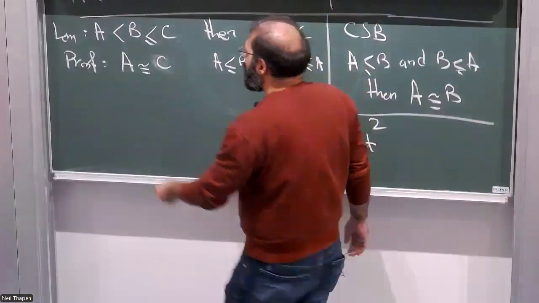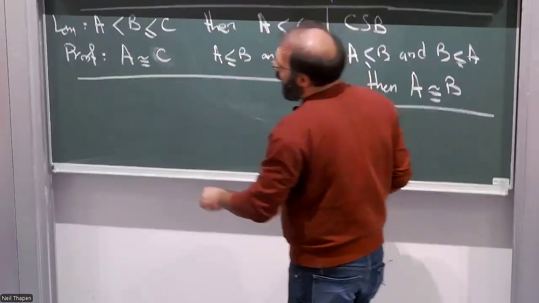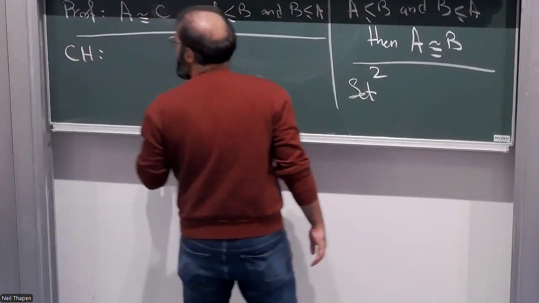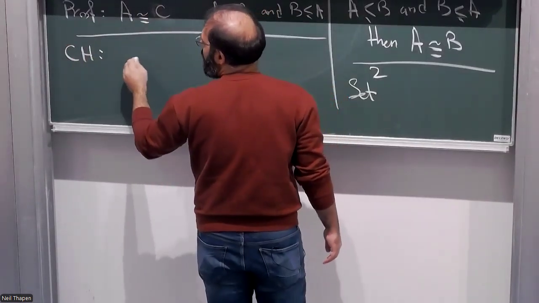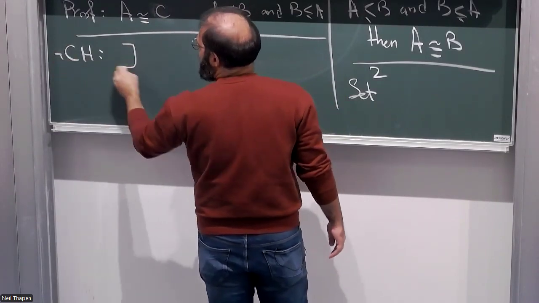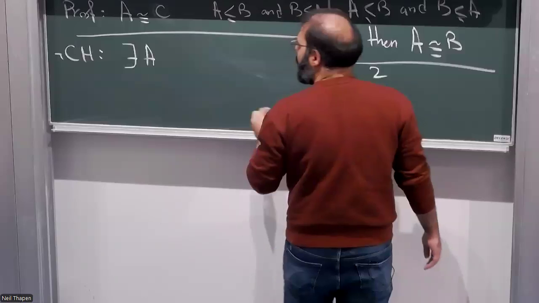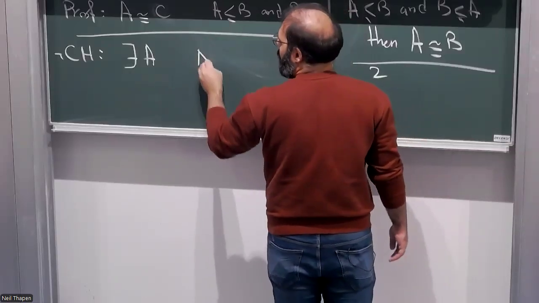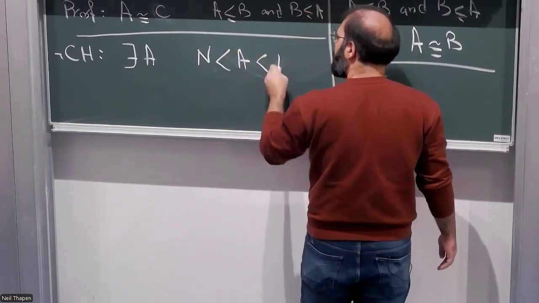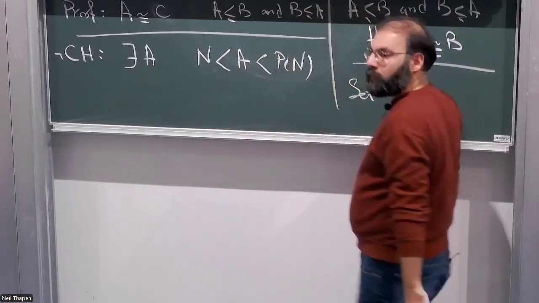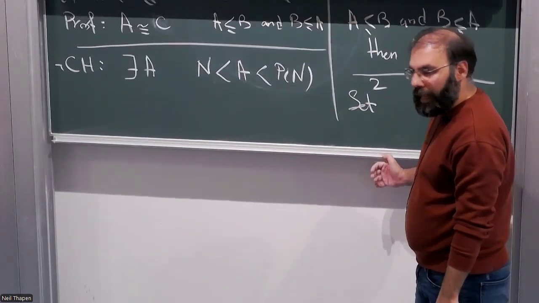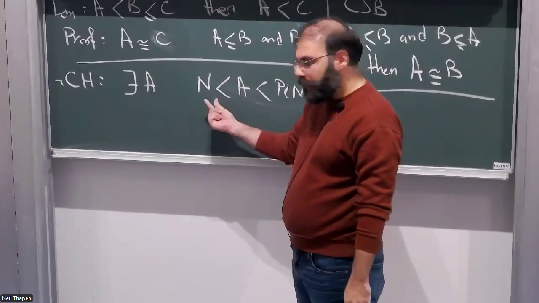Okay. Now I have everything to state my CH. What is CH? It simply says, or rather the negation of CH: there exists an object A such that, in a Boolean topos with an NNO, there is one object between them.